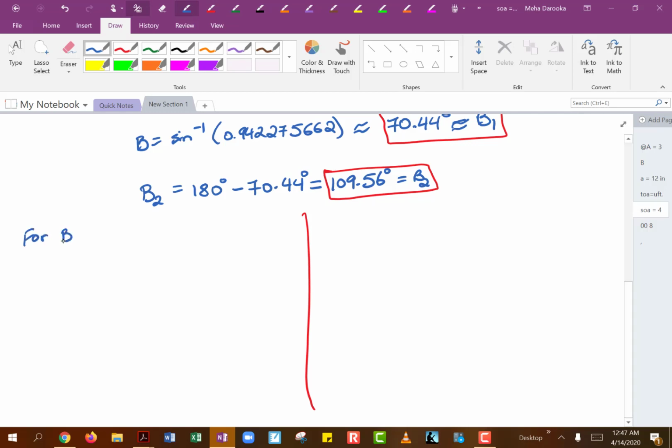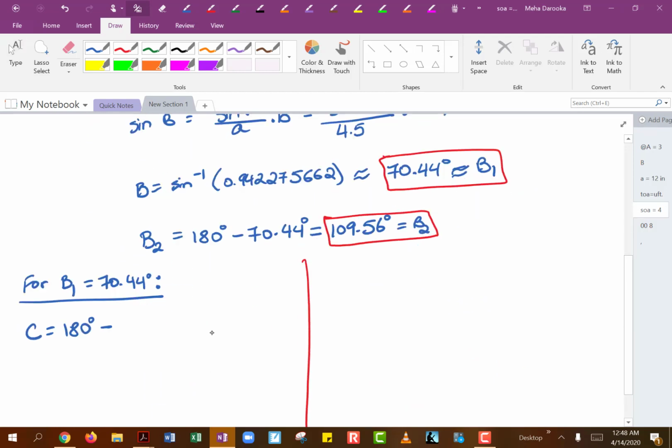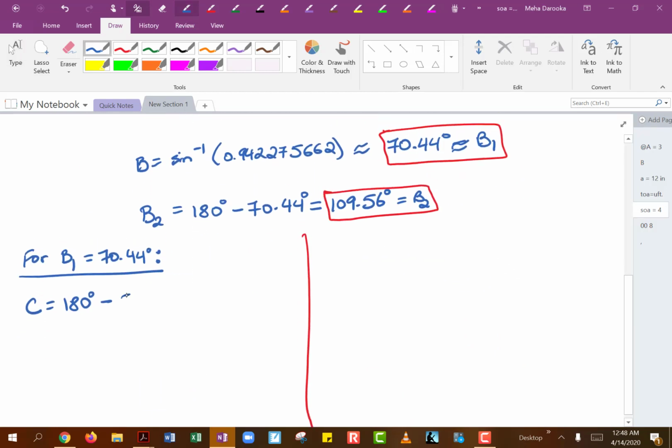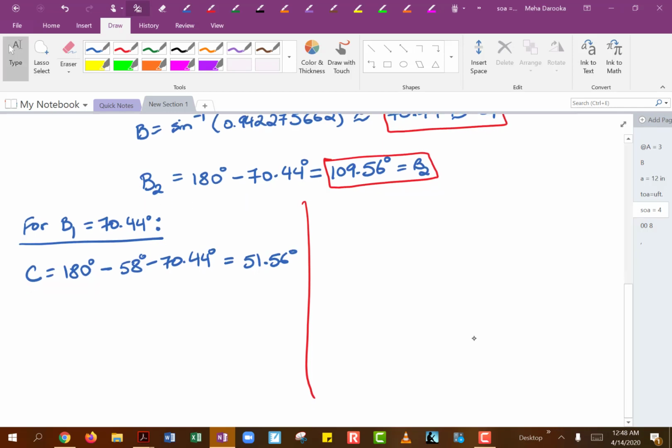For angle B1, angle C is going to be 180 degrees minus angle A, which was 58 degrees, minus 70.44, which gives us 51.56 degrees.